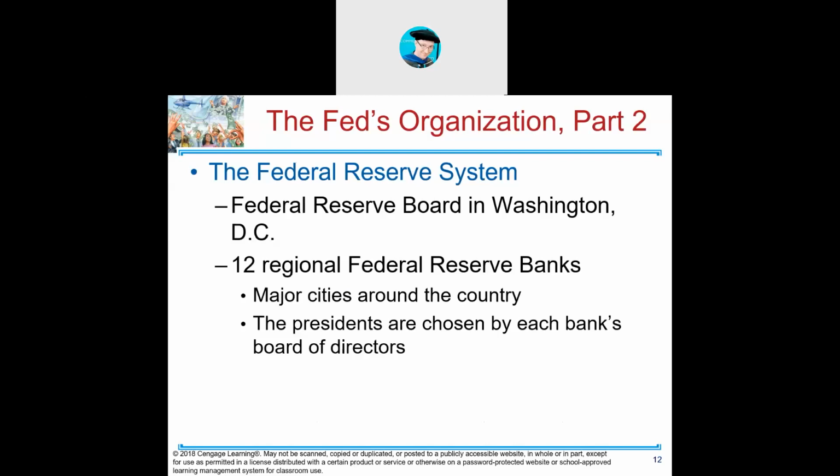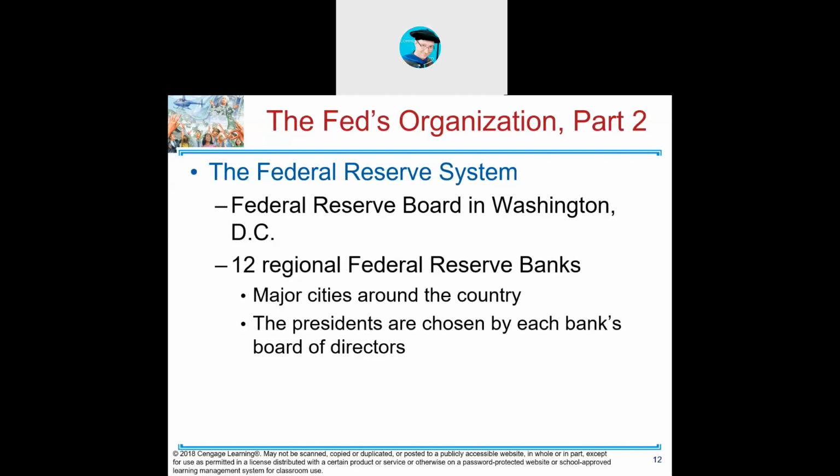There are 12 regional Federal Reserve banks throughout the United States. There's one in New York, there's one in Los Angeles, there's one in Chicago, there's one in Miami. There's a bunch of other ones, and they're usually around major cities.